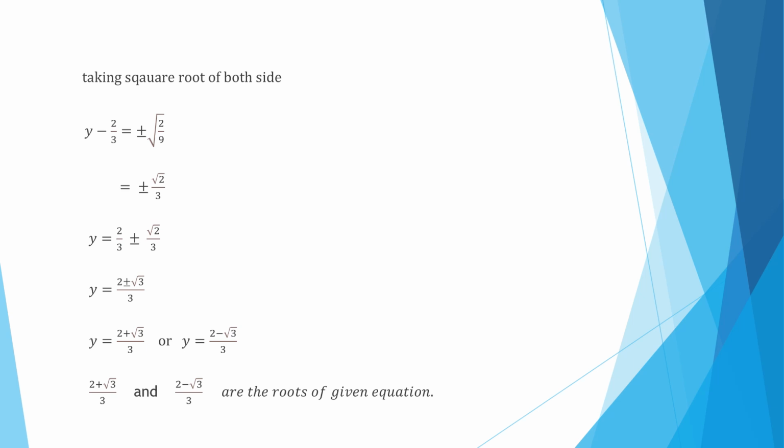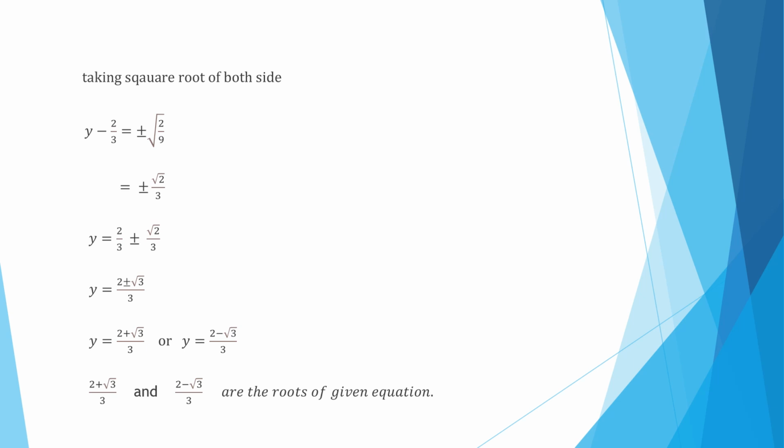So we write y is equal to 2 by 3 plus minus root 2 by 3. So y is equal to (2 plus minus root 2) by 3.